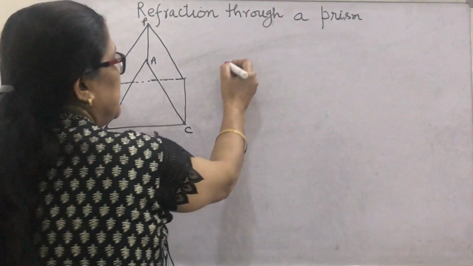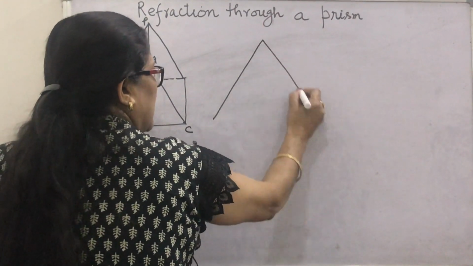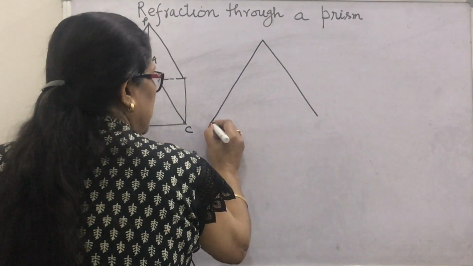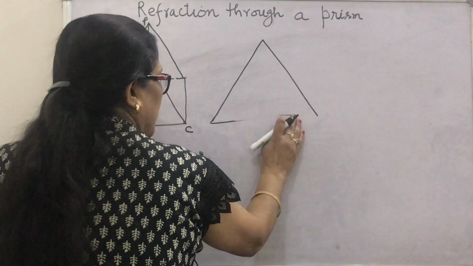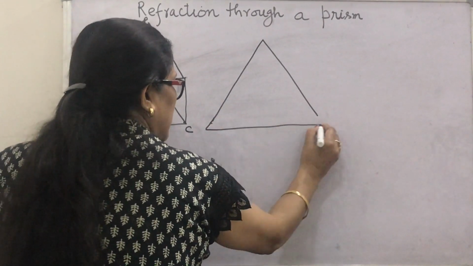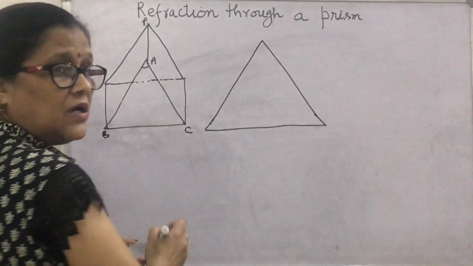Normally we draw the prism like this. This is the figure of the prism as I have shown here to show the faces, but normally to derive any relation or to do numericals, we draw the prism like this. This angle is called the angle of prism.